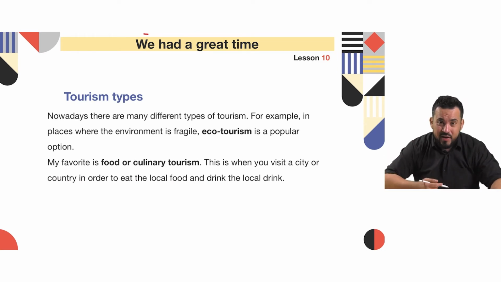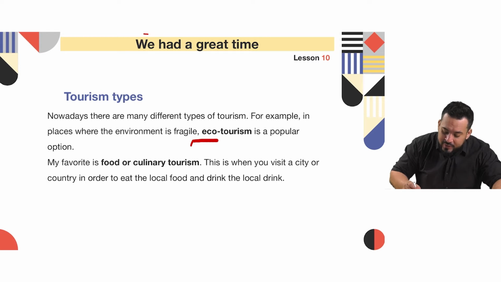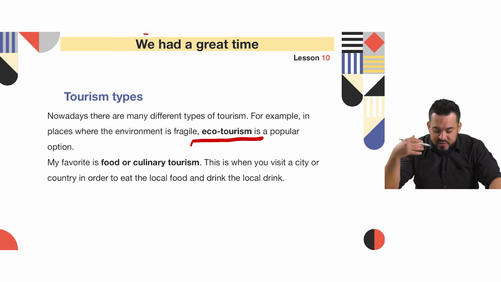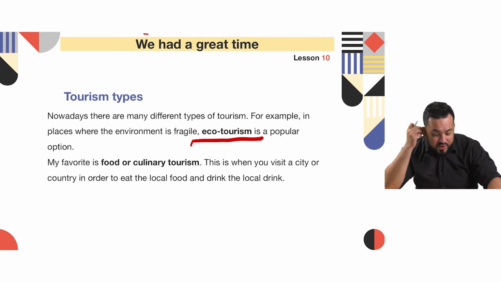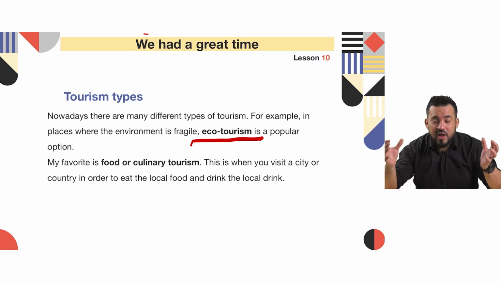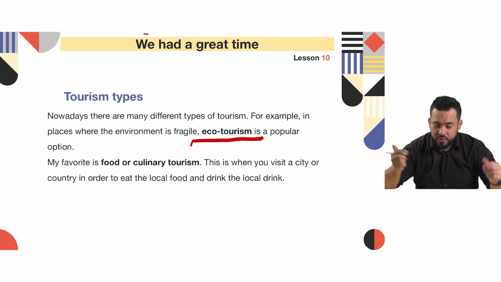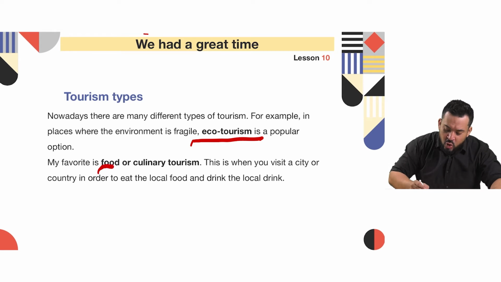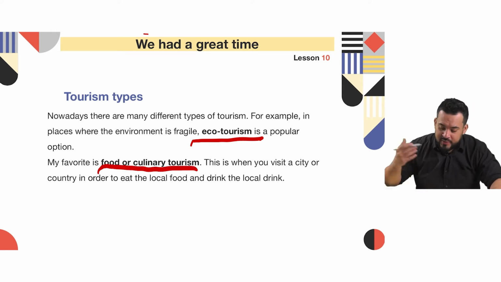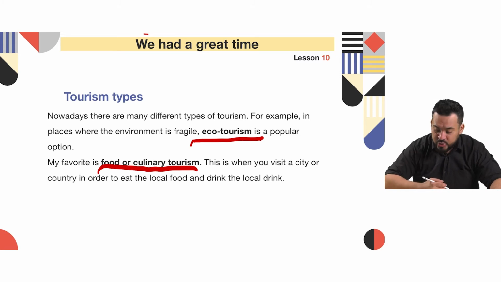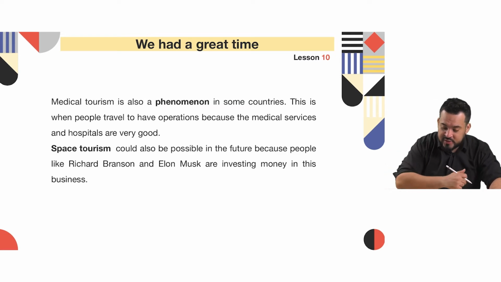Okay, so what types of tourism are there? Nowadays, there are many kinds of tourism. You have eco-tourism, where you go to places where the environment is fragile. Fragile means weak or not strong. There is food or culinary tourism. That is when you visit a city just to try their local cuisine, the local food and drinks.